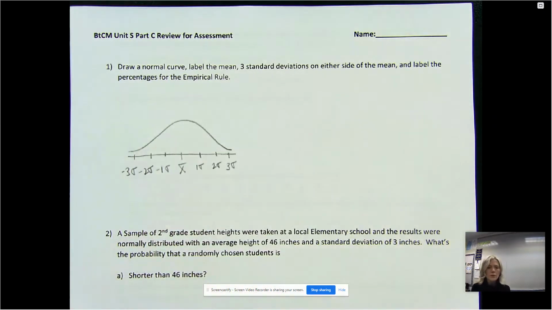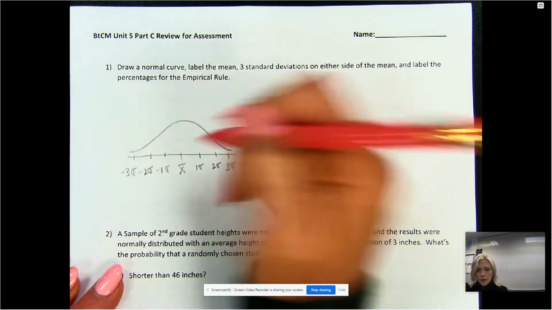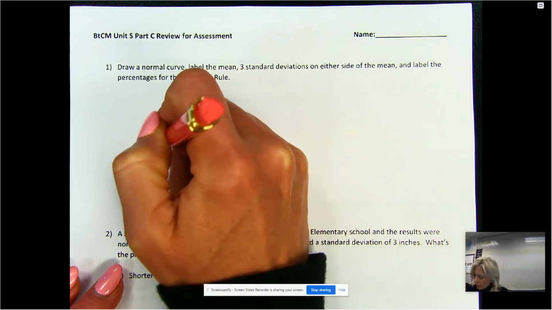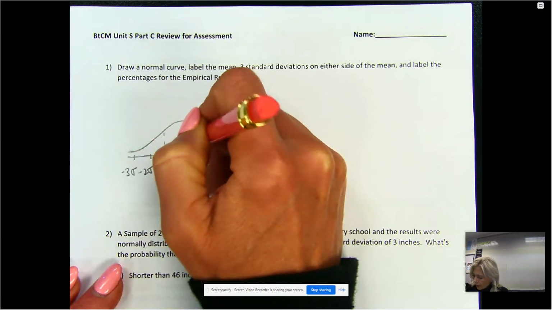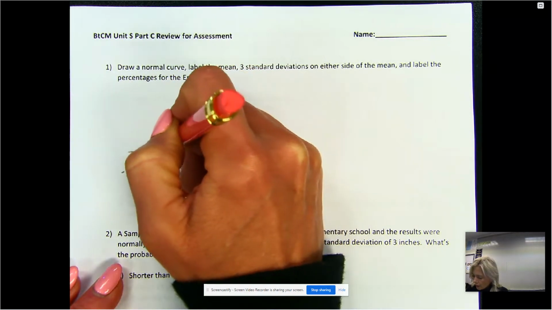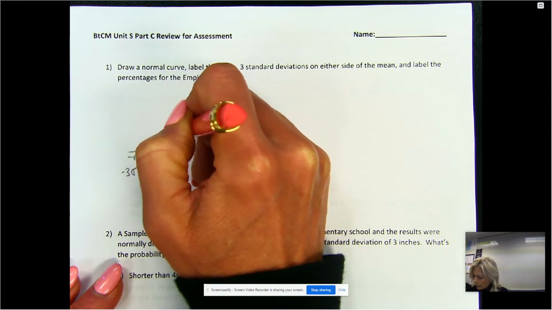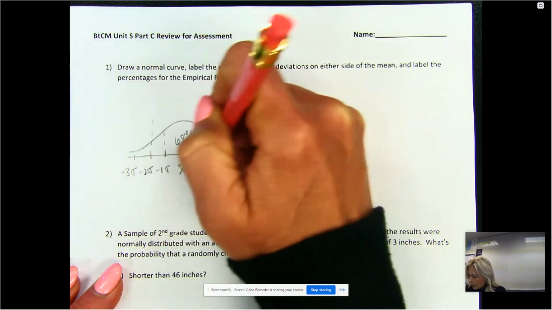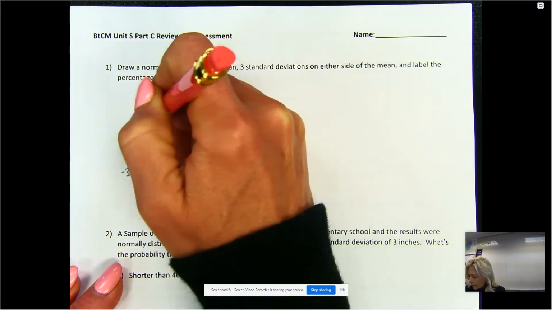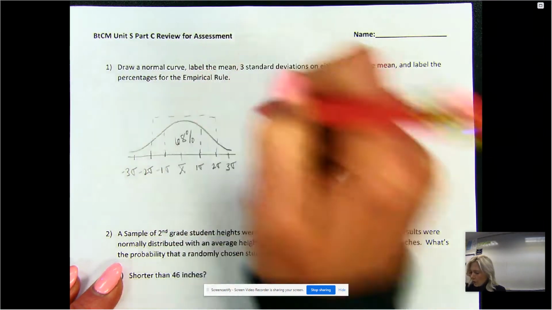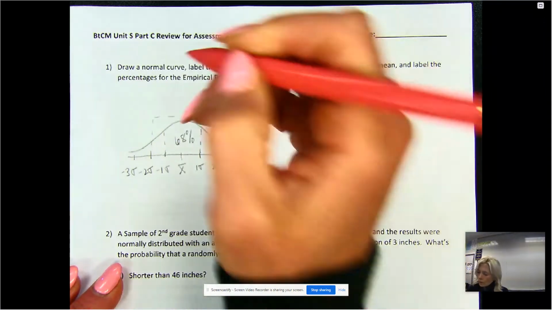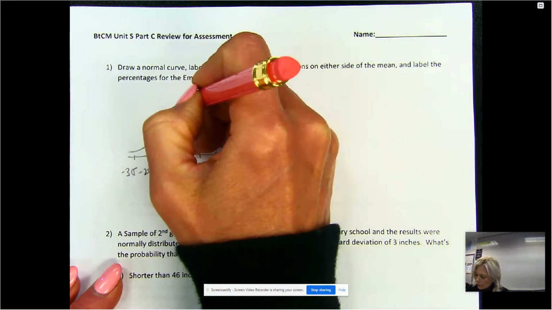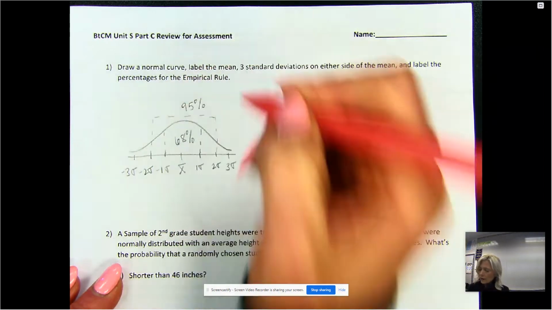All right, standard deviations. And then for the percentages, well, within 1 standard deviation of the mean, we will find 68% of the data. Within 2 standard deviations of the mean, including what's in the middle, we find 95% of the data.